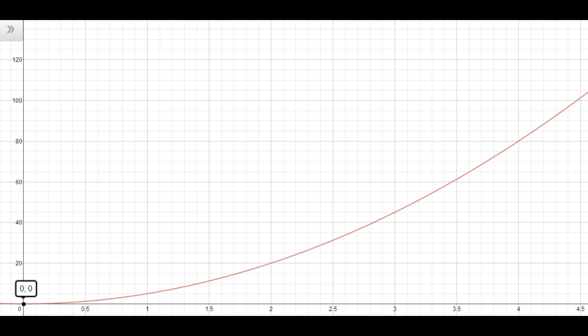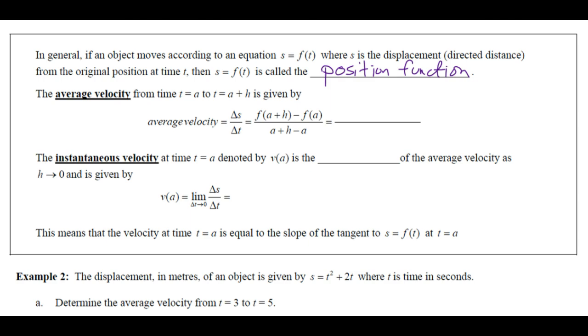And then you've got this point here, which is a plus h and f of a plus h, and you got this point here, which is a and f of a, which is what we did yesterday. You've seen that. So the average velocity is f of a plus h minus f of a over h, because it's a plus h minus a, so the change in time is h.